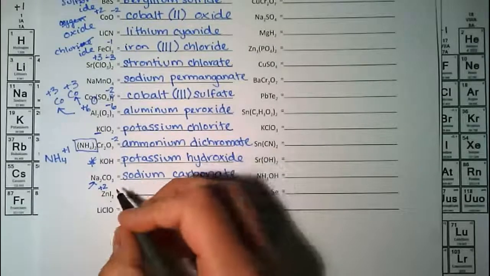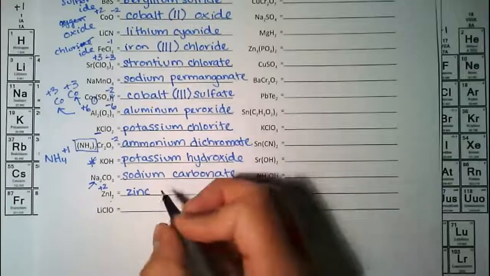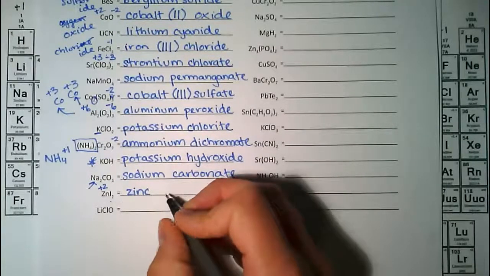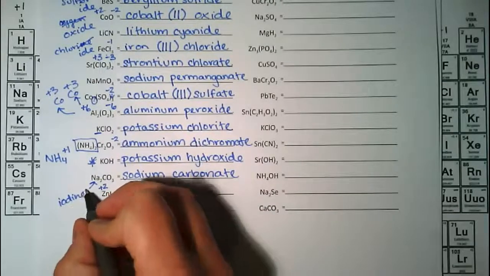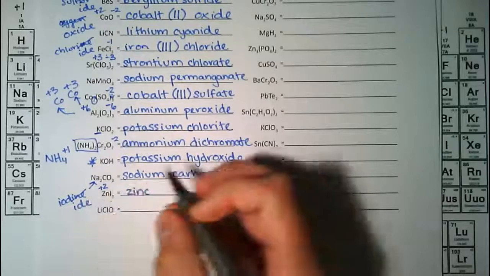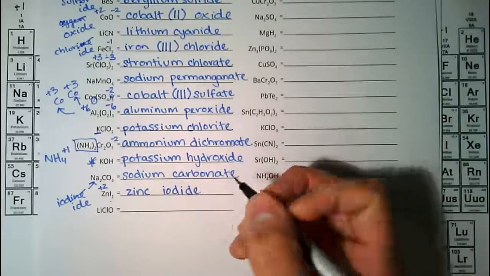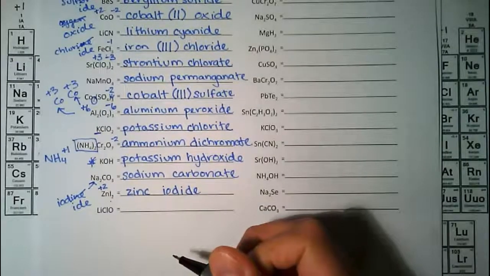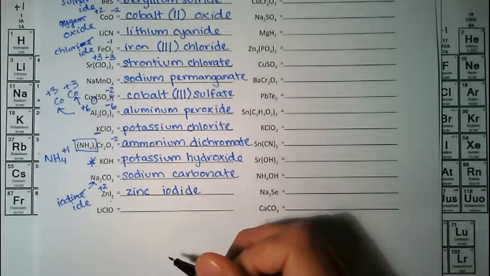So here I'm not going to write a Roman numeral, I'm just going to put zinc, and then my second part is iodine, which I need to change the ending. Instead of "ine," I'm going to change it to "ide." So it's iodide, which sounds a little funky, so say it to yourself: zinc iodide, zinc iodide, zinc iodide, until it sounds familiar to you.